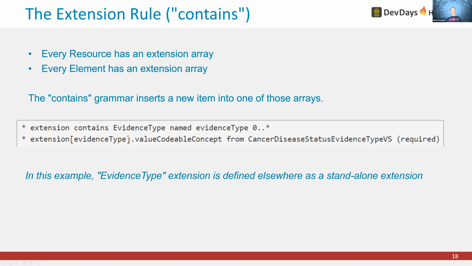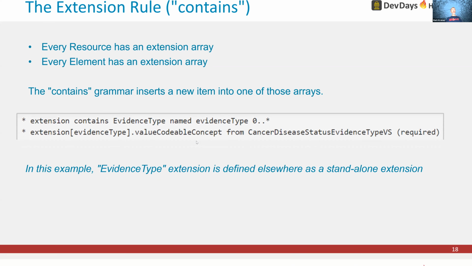And this capitalized evidence type refers to a standalone extension which is defined elsewhere. So this is a little bit advanced, but then we can take that evidence type by its local name and let's say bind it to a value set. That's just about it for rules.